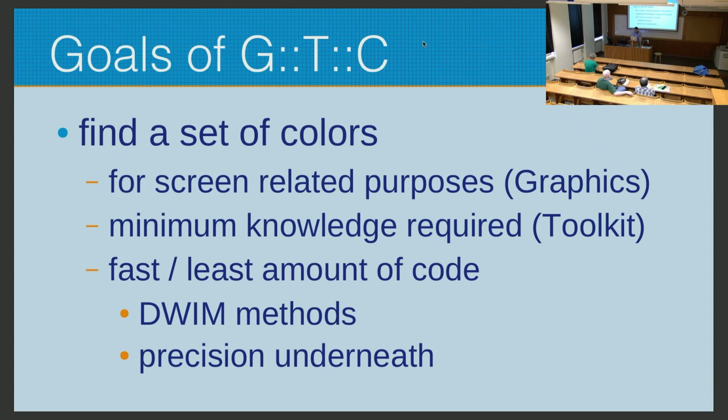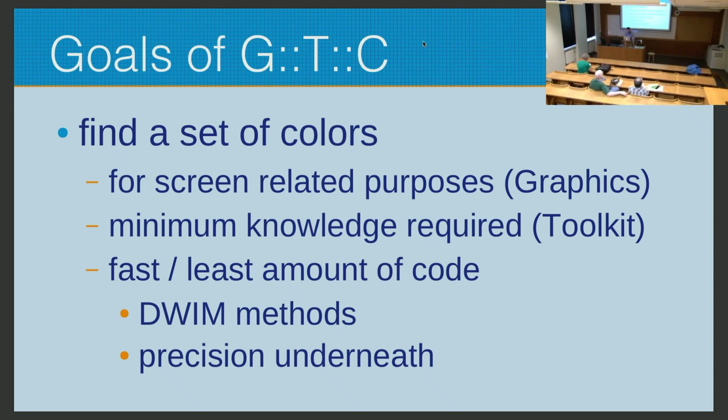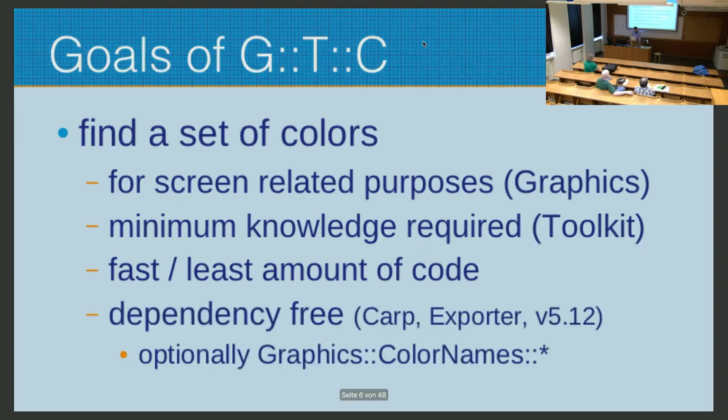And of course, it's DWIMI. It's the API which I just refactored. It is very DWIMI and very Perlish, and I tried to apply the principles Larry also talked about in this module, to make it the Perlish color module in CPAN.